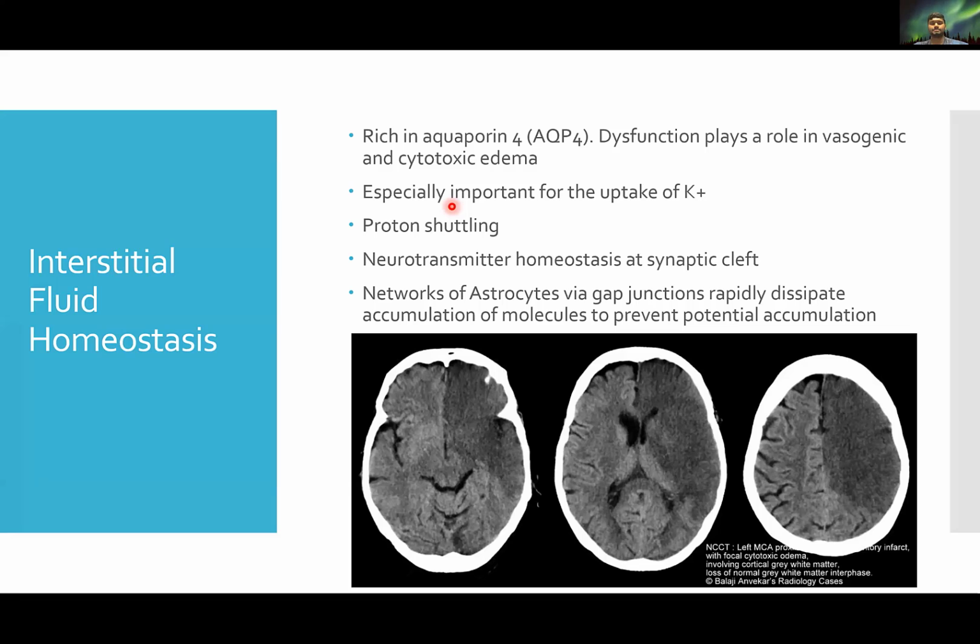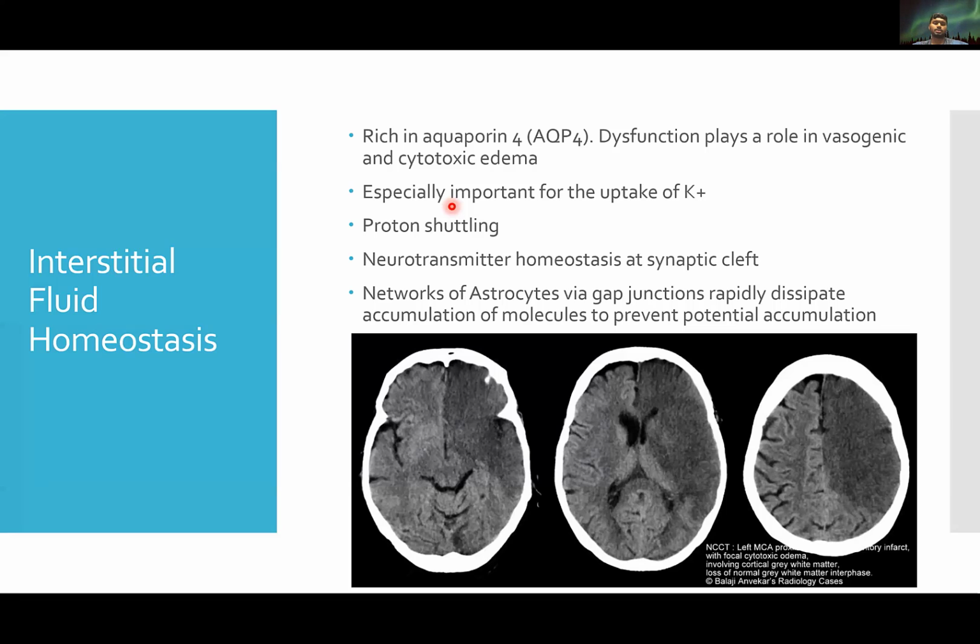However, if there's excess potassium extracellularly in the interstitial fluid, then the cell won't be able to repolarize because the potassium won't move out of the cell. And this could be a huge issue because this essentially immobilizes or handicaps the neuron from creating more action potentials. This can cause other issues, as Sebastian will talk about, in terms of excitotoxicity, because it thinks it's completely on when it shouldn't be.